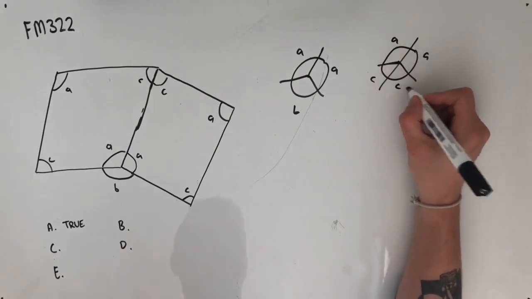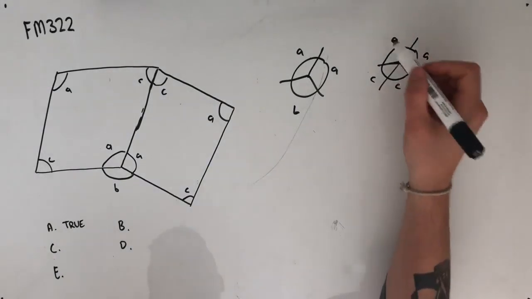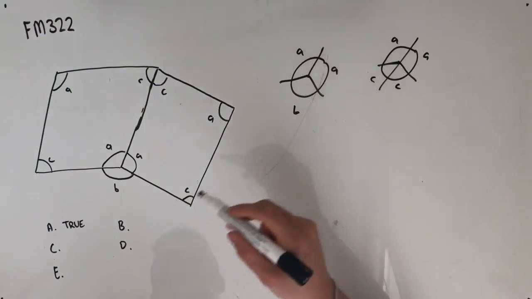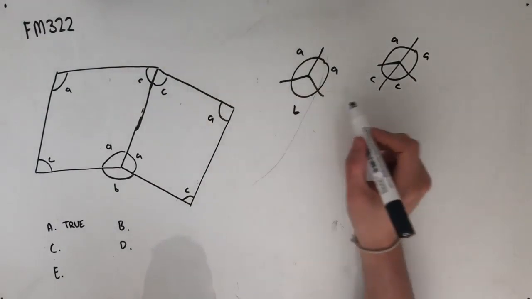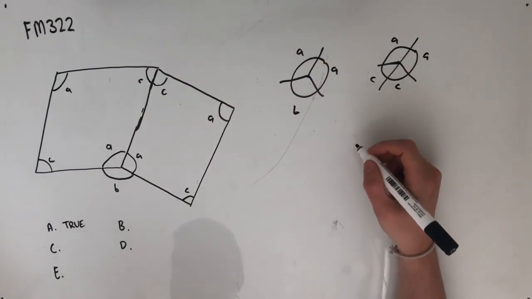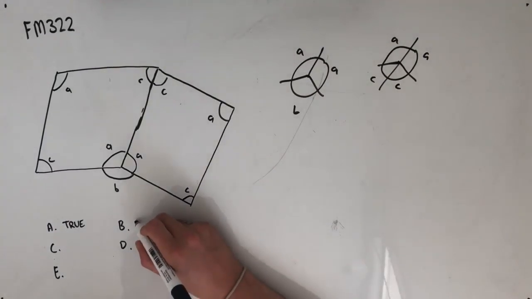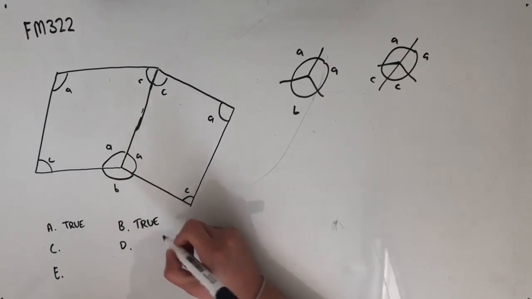So two A's and two C's would make a full 360, and two A's and a B make 360, which means that B is in fact equal to 2C, which means that option B is true.